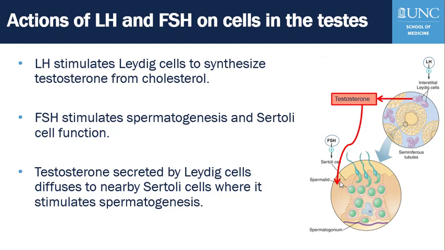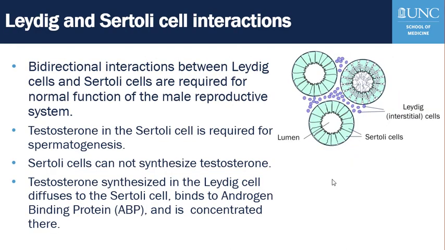And within the testes, that testosterone diffuses from the Leydig cells to nearby Sertoli cells, where it stimulates spermatogenesis. And so this is an important relationship between the Leydig and the Sertoli cells. And this interaction is required for normal function.